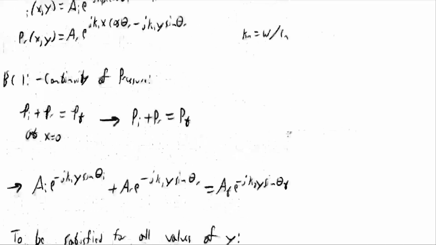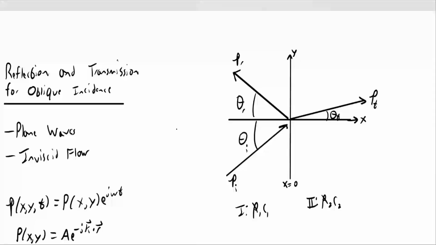Other than theta I is equal to theta R, it says that a wave impinging on an interface at an oblique angle will be reflected at that same angle relative to the normal. In other words, you can think of it as an angle in equals angle out sort of situation.